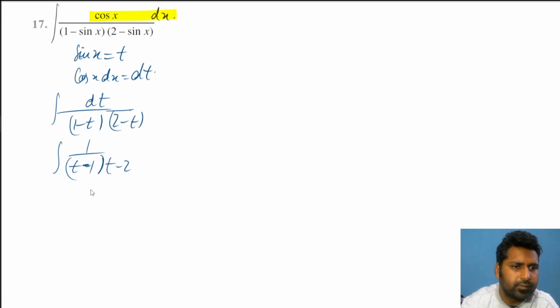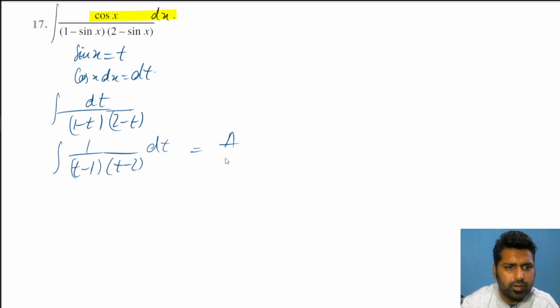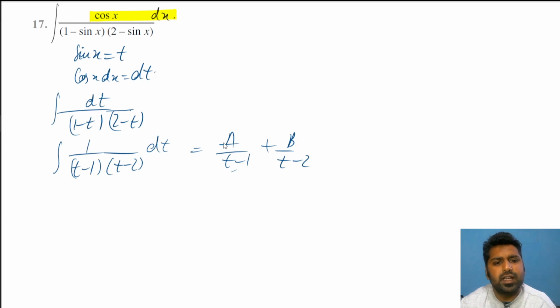One second. Integral of dt upon t minus 1, t minus 2. So you do the partial fraction like a upon t minus 1 plus b upon t minus 2. Find the value of a and b and integrate.